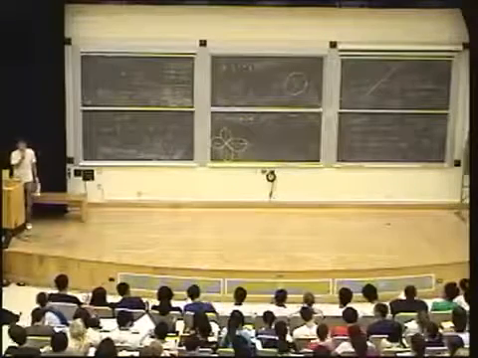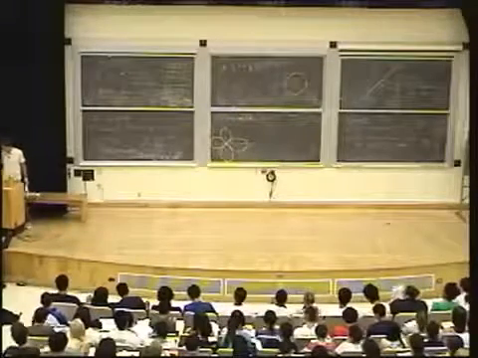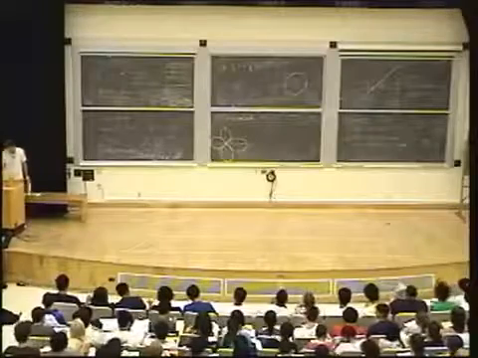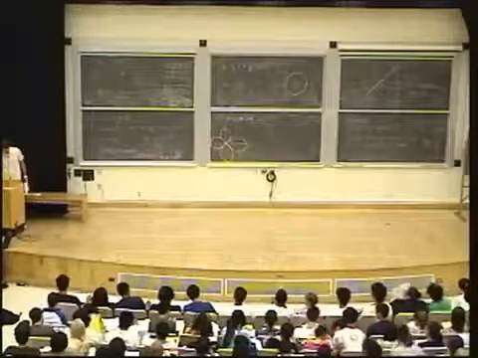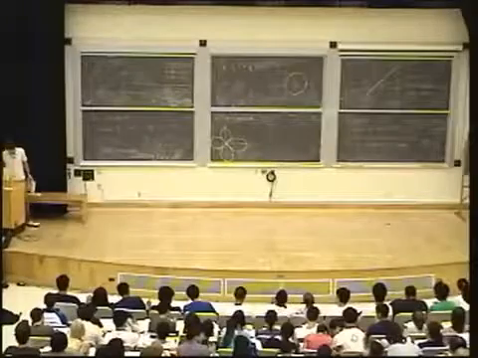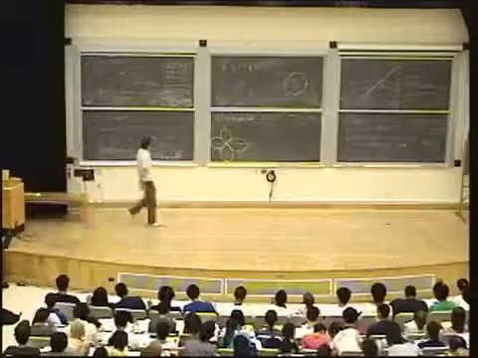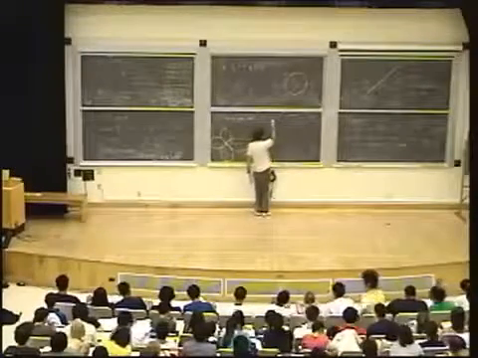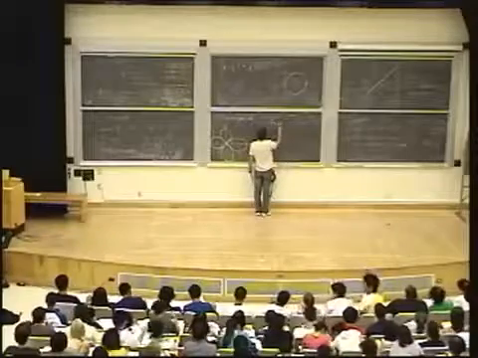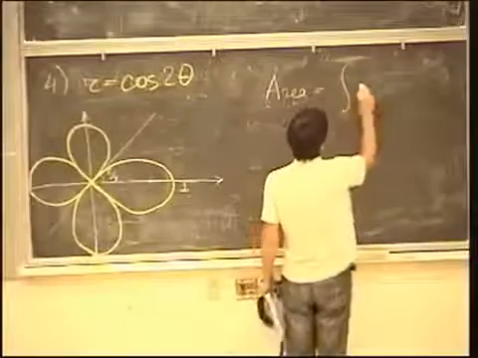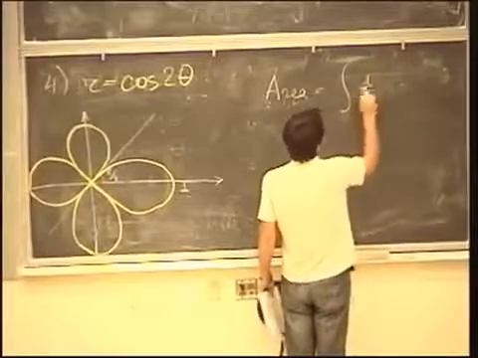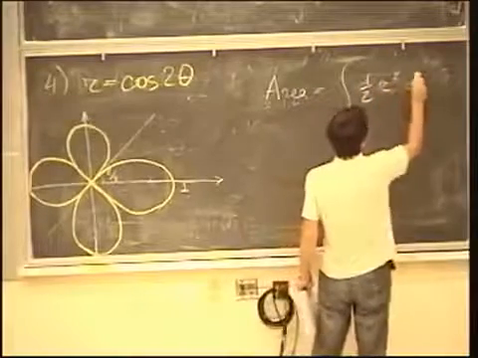We still have 3 minutes, okay? So there's a formula for the area, which is 1/2 r squared d theta.